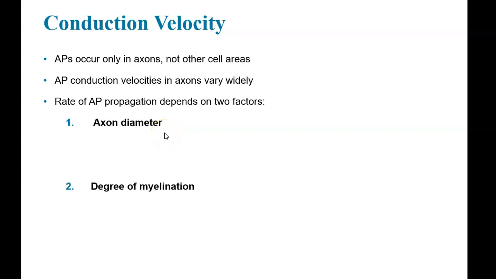Action potentials occur only in axons, and the rate of the action potential propagation depends on two factors. The axon diameter, because the larger the diameter, the less resistance to the current flow, and also the degree of myelination.